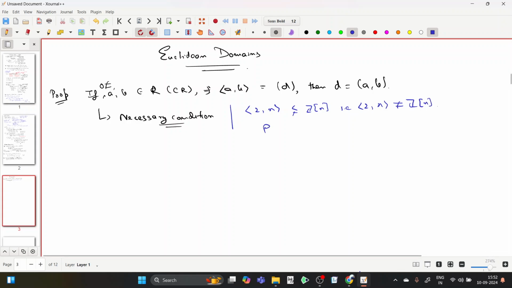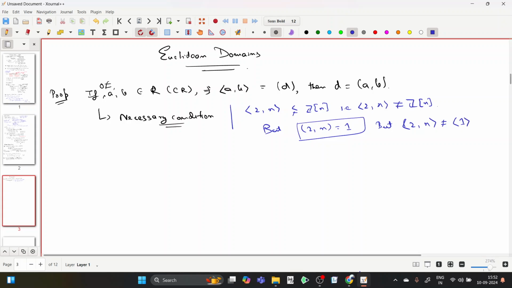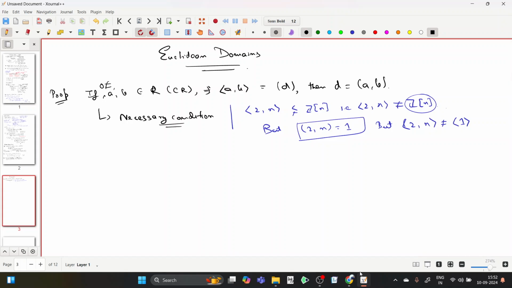But it is easily observable that the GCD of 2 and x is 1. The GCD of 2 and x is 1, but the ideal generated by 2 and x is not equal to the ideal generated by 1, because the ideal generated by 1 is the whole ring Z[x]. I guess this part is clear, right? Okay.